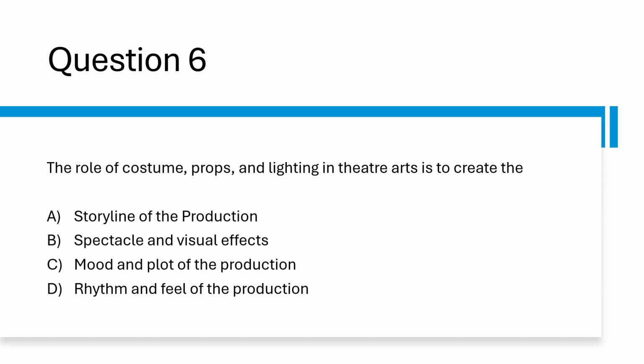And so these things are visual things that create a certain kind of visual effect. And so our best response here would be B. The role of the costume and the props and the lighting in any theatre production is to create the spectacle and the visual effects of the work.